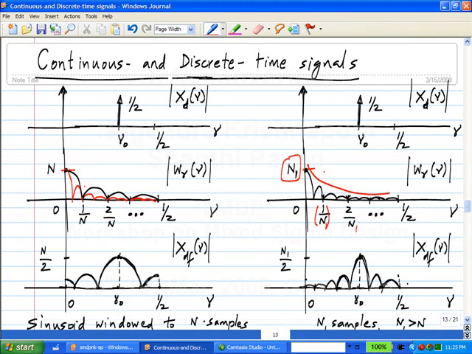So one obvious way of reducing leakage is to increase the number of samples. And this makes intuitive sense also, right? Because we got the ideal result when we had an infinite number of samples. Now you take a small number of samples, it is far from ideal. If you take more samples, it may go closer to ideal. That's what you would expect. And as n becomes infinity, this height will go up to infinity, which is an impulse, and all of these things will become zero, which is what you expect.